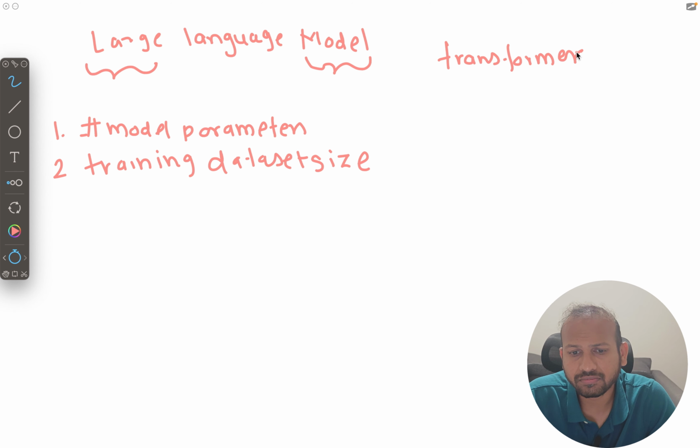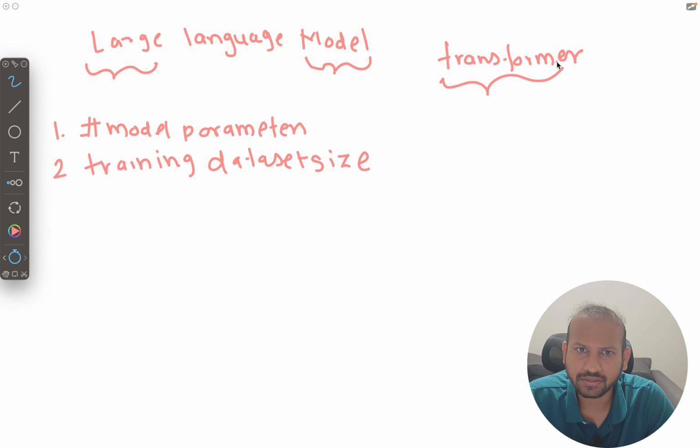The underlying model which revolutionized this LLM model is the transformer. We'll learn everything about transformers in coming videos. What is this architecture, what is the input, what is the output, what is the embedding layer, what is the decoder. Everything you want to know about transformers, we'll learn in coming videos.